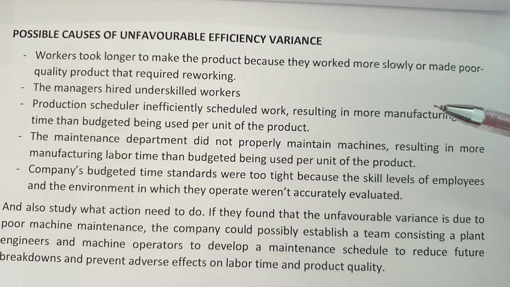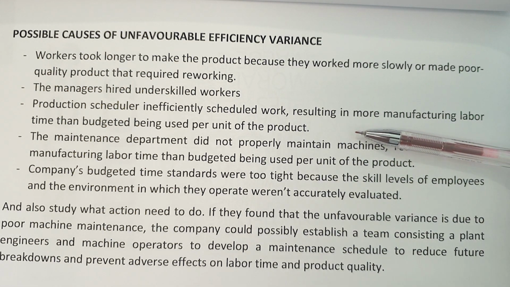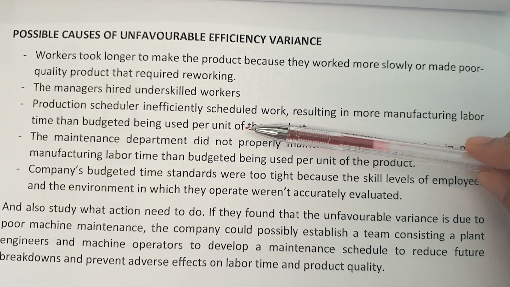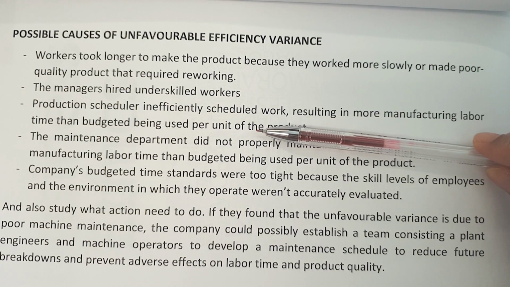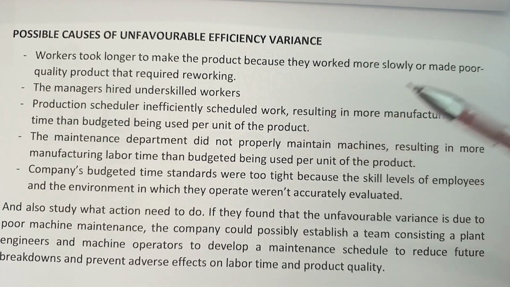Production scheduler inefficiently schedules work, resulting in more manufacturing labor time than budgeted being used per unit of the products. So is that because of a planning problem, where the scheduled work is not as planned, that leads to more than budgeted hours needed for us to produce the products?